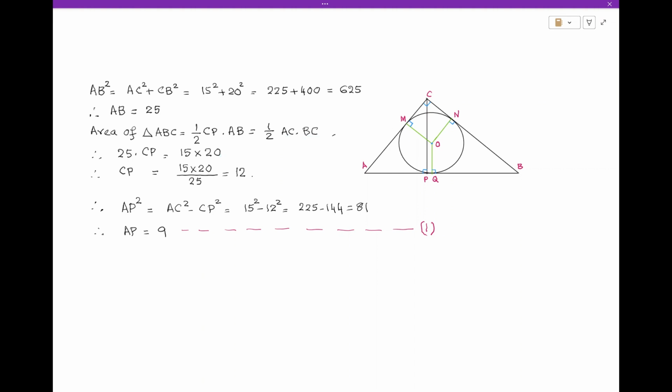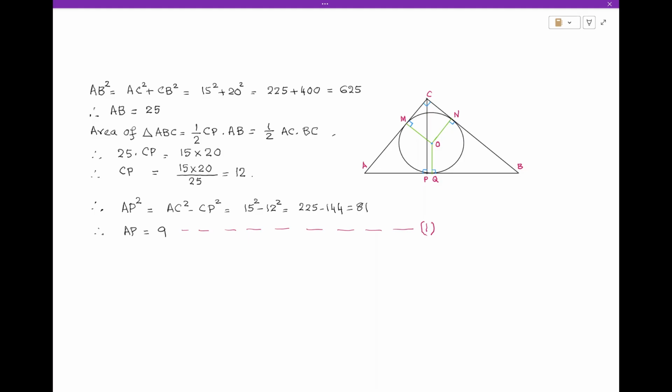Therefore, 25 CP is equal to 15 into 20, so CP is 15 times 20 divided by 25, which is 12. That means CP, this altitude, is 12.